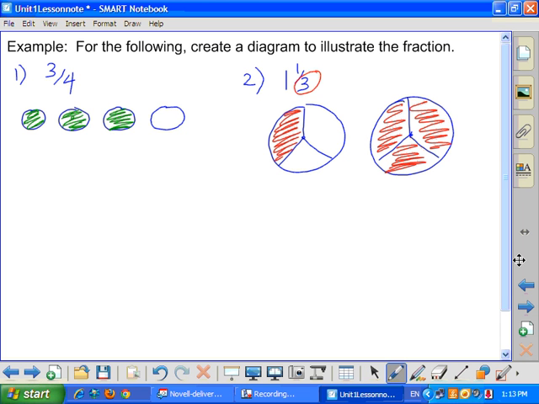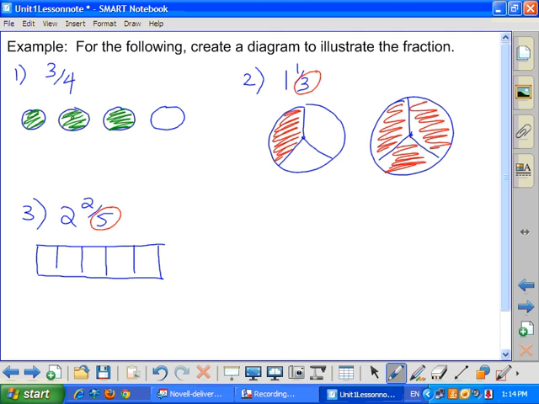So let's try another one here. So what happens if I do 2 2/5? So I'm going to have to come up with a shape that has 5 parts. And you can pick whatever you want. So how about we do rectangle this time? So 1, 2, 3, 4, 5.